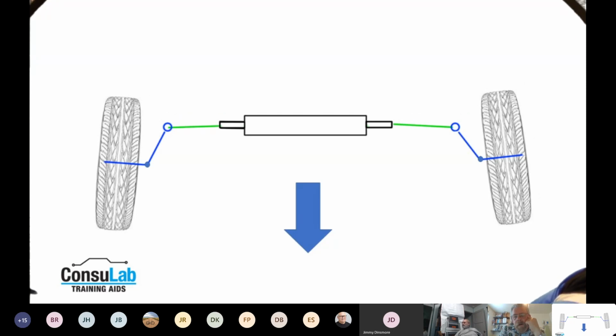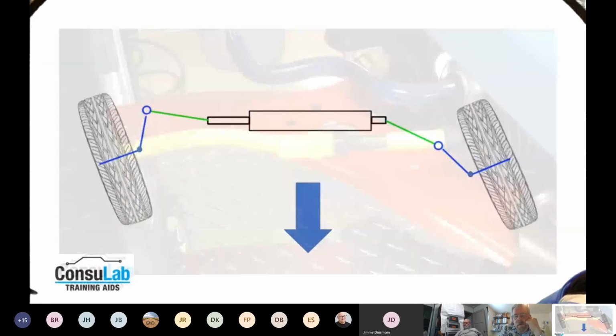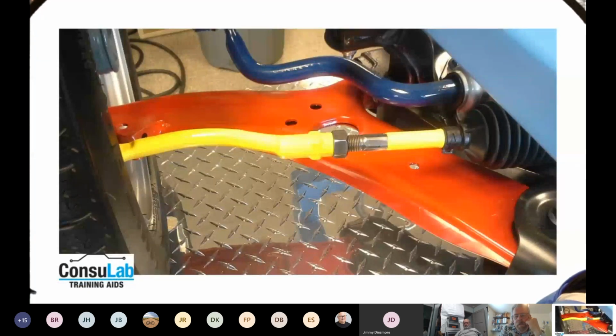One of the other things that we won't get into just because of time with tie rod ends is discussing bump steer. And as we first alluded to yesterday, with tie rod ends or anything, the tie rod's going to move in an arc, the lower control arm's going to move in an arc.